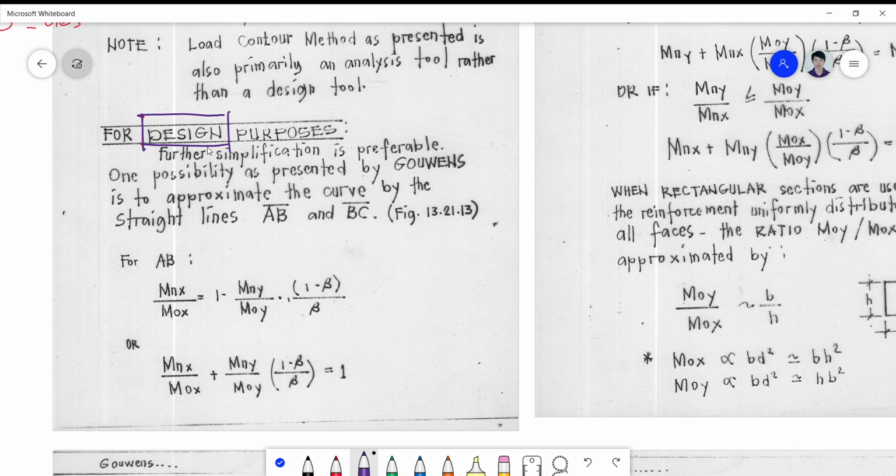So the method actually goes by simply approximating, to a certain level, the contour curve that we need for us to be able to come up with a moment value. Okay, so assuming that it is a straight line ABC. If I have here a contour like this, I simply assume a straight line like this.